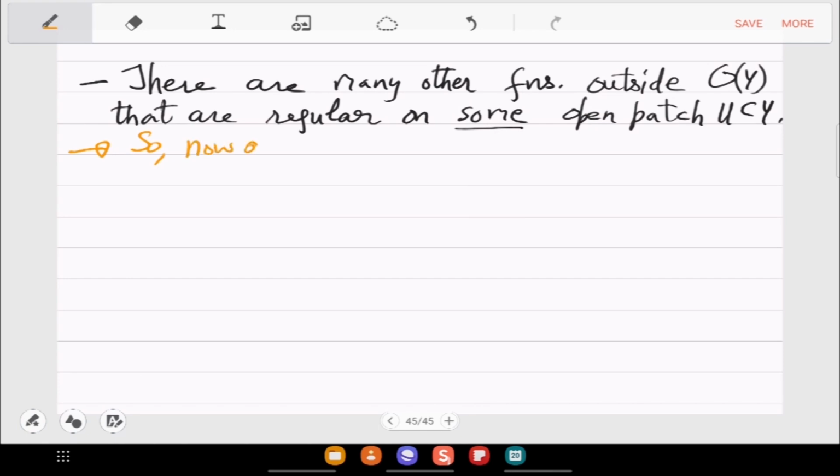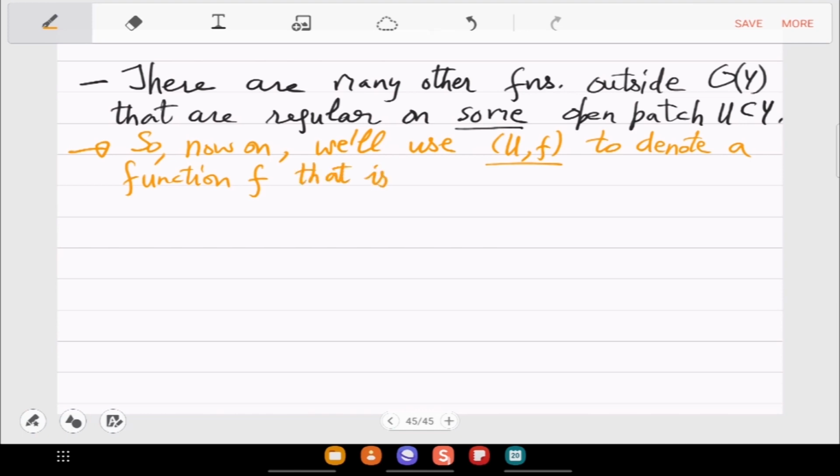So from now on, we'll use (U, f) to denote a function f that is regular on open U. So it's only defined there, nowhere else.